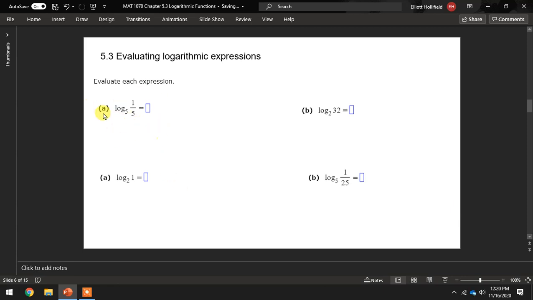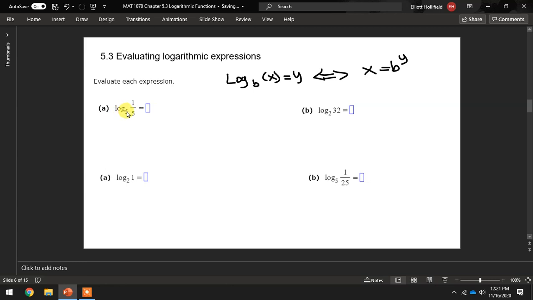Now let's actually evaluate some of these expressions. Here we need to remember this property that we have, that the log base b of x is equal to y if and only if x is equal to b raised to the y power.